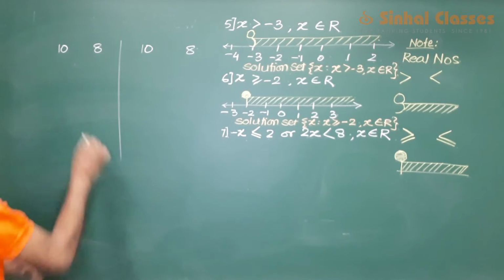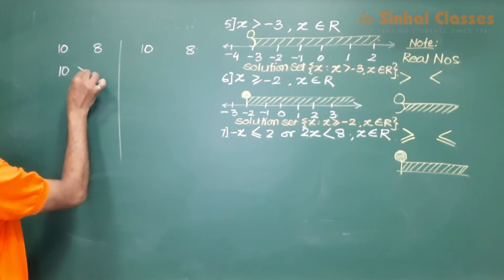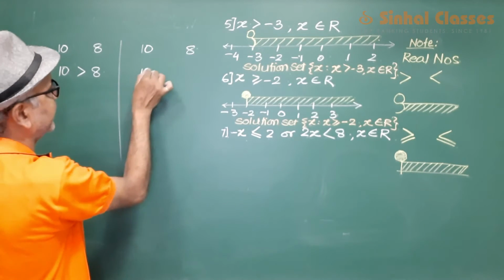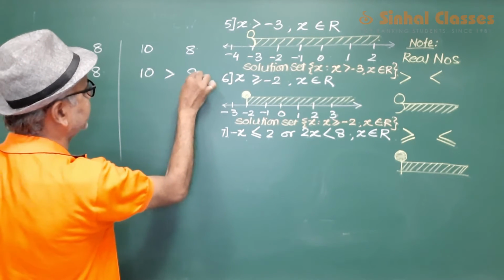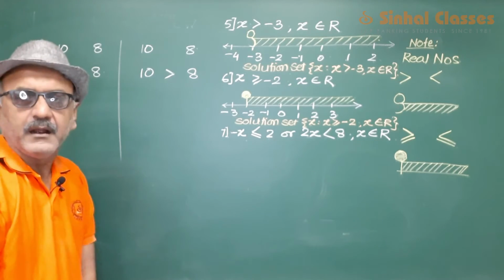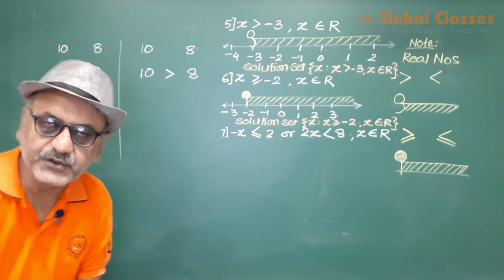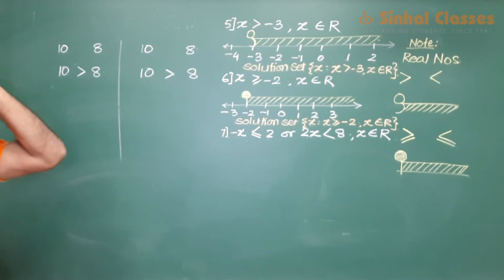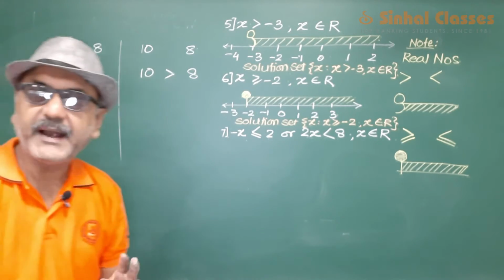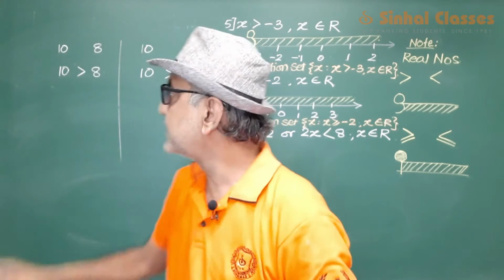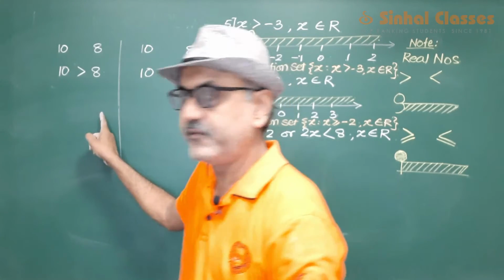Obviously 10 is greater, so you will put 10 greater than 8. Now in the first case, I'll ask you to divide both sides by 2. When you divide both sides by 2, let us see what answer we get.